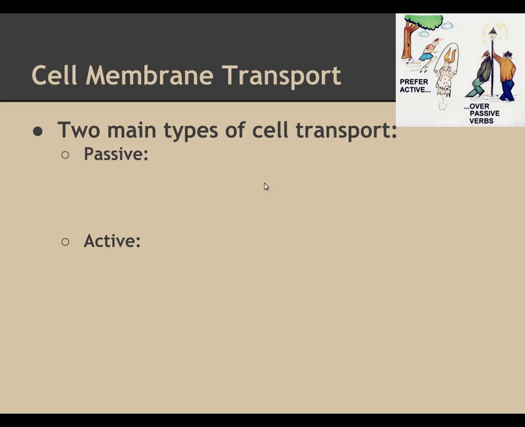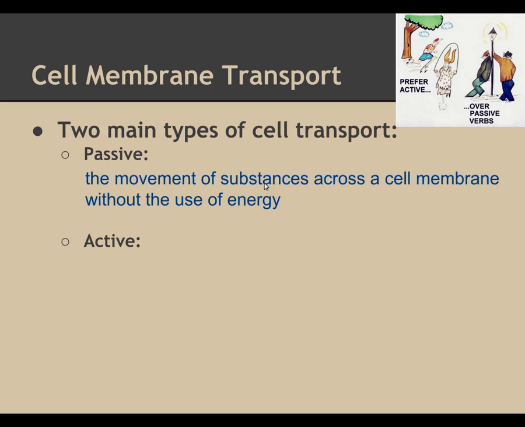So there are two main types of cell transport. There's passive transport and active transport. This goes back to one of the standards that you have to be able to distinguish between active and passive transport. So here it is. Passive transport is when you move things across the cell membrane or into the cell or out of the cell that does not use any energy.